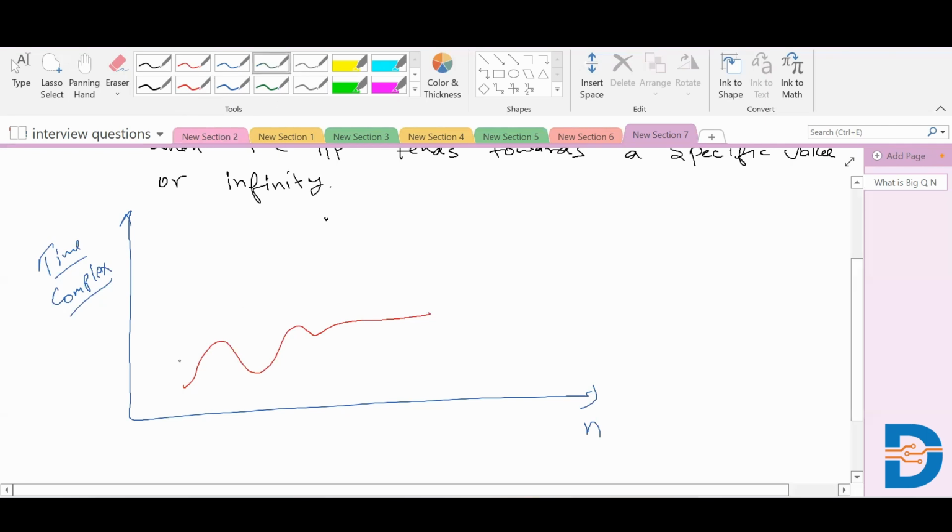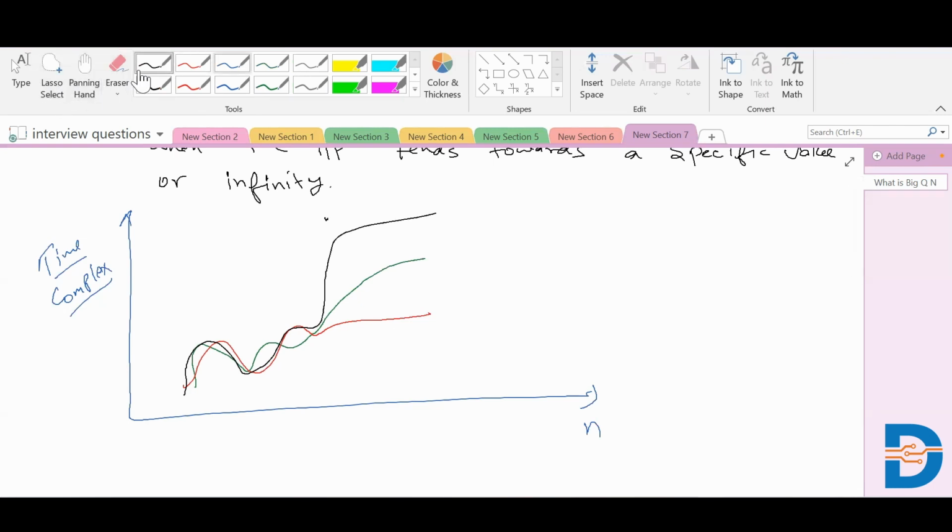Let's say this is another function. And in the middle, this green one, this is my function f(n).